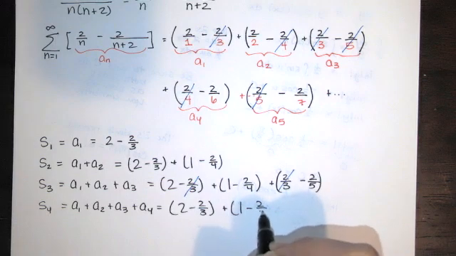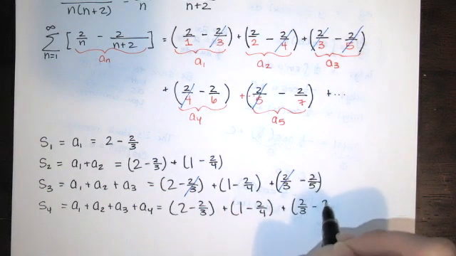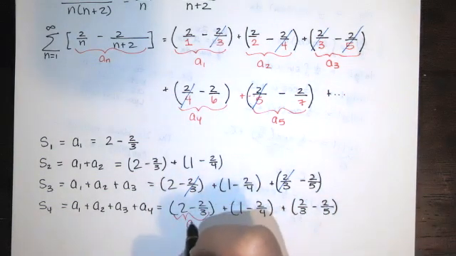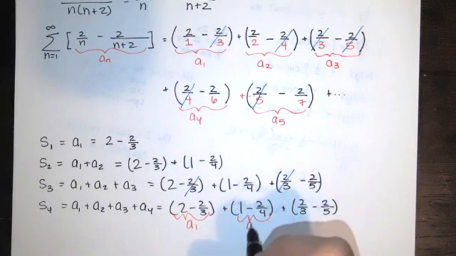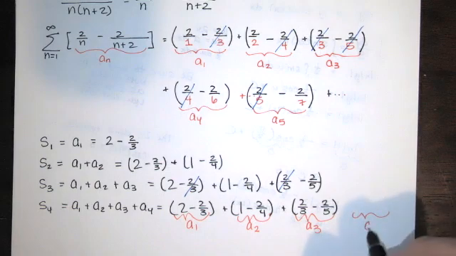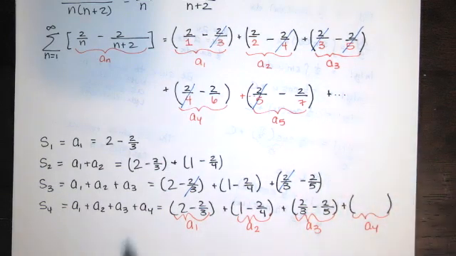So I'm just rewriting a sub 1, a sub 2, and a sub 3, because S sub 4 is a sub 1 plus a sub 2 plus a sub 3 plus a sub 4. And then I'm tacking on a sub 4.